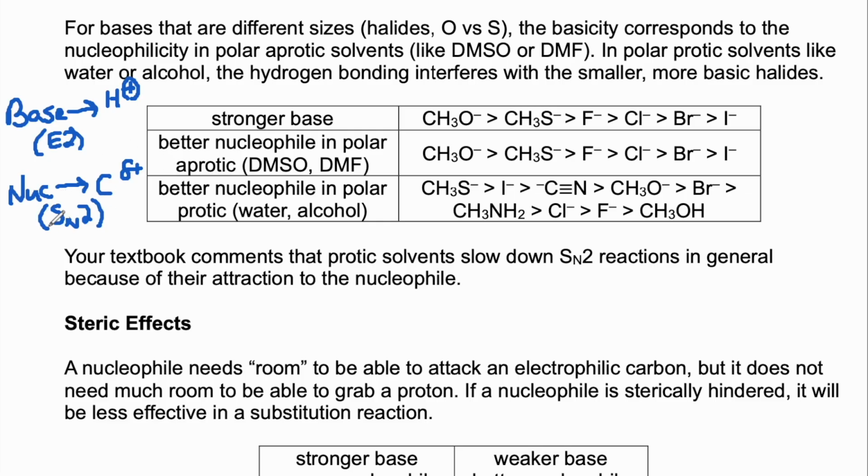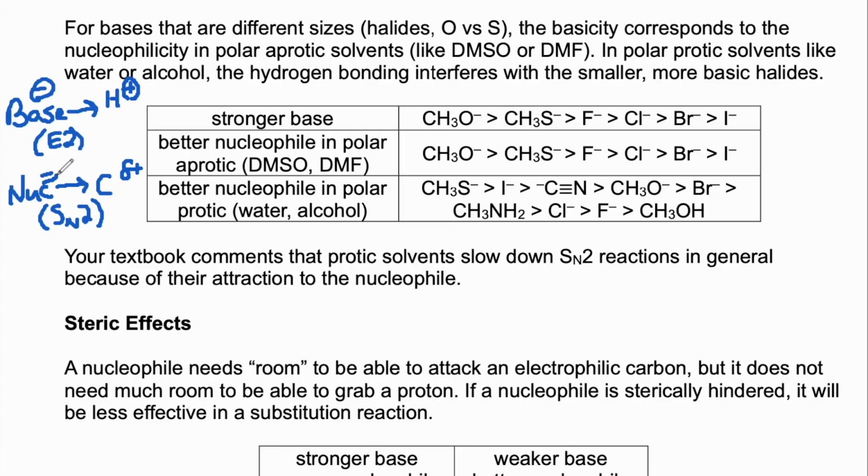So here I've just drawn on the side, bases and nucleophiles tend to be the similar types of compounds. When something's acting as a base, it's using its electron density, let's put this as negative, to attack a proton, a positively charged hydrogen. This is something that is more useful when you're doing an elimination. So in an E2 mechanism, you want something to act as a base.